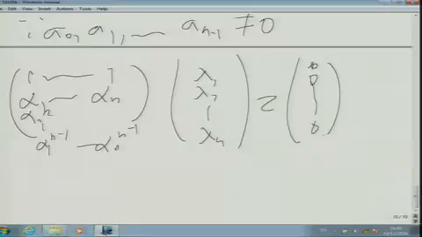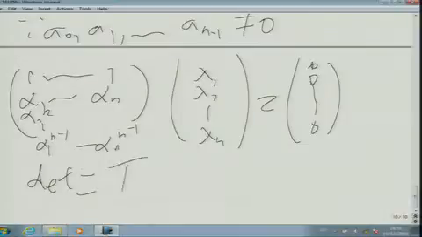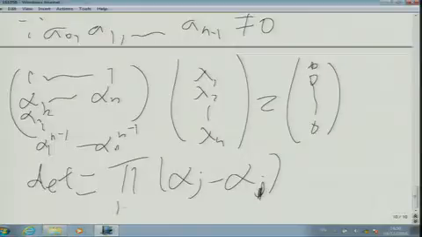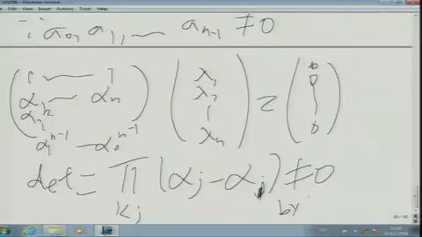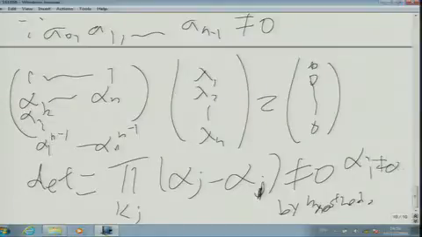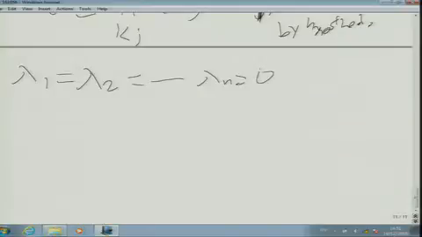And equating the first n terms, since a_0, a_1 to a_{n-1} are all not equal to 0 as the hypothesis stated, we can eliminate the root of a terms and get a system of equations, which is the matrix with rows 1, 1, to 1, alpha_1 to alpha_n, alpha_1 squared to alpha_n squared, to alpha_1 to the power n minus 1, to alpha_n to the power n minus 1, times lambda_1, lambda_2 to lambda_n equals 0. And the matrix on the left hand side is known to have a determinant which is the product of alpha_j minus alpha_i with all i smaller than j. This is the Vandermonde matrix, and this determinant isn't equal to 0 by the hypothesis that alpha_i isn't equal to alpha_j. So therefore the system has only the trivial solution, which is lambda_1 equal to lambda_2 equal to lambda_n, all equal to 0.